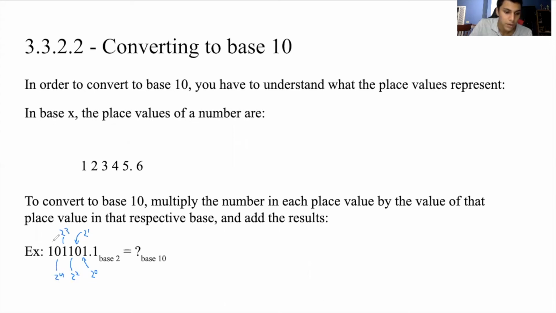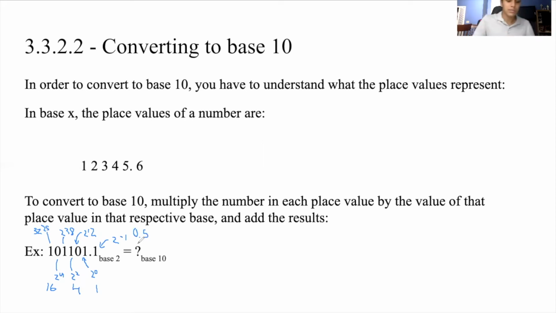And then this decimal point, after the decimal point, represents the 2 to the power of negative 1's place. So if we simplify these exponents, we have the 1's place, the 2's place, 4, 8, 16, 32's place, and then this one is the 0.5's place because 2 to the power of negative 1 is 0.5.